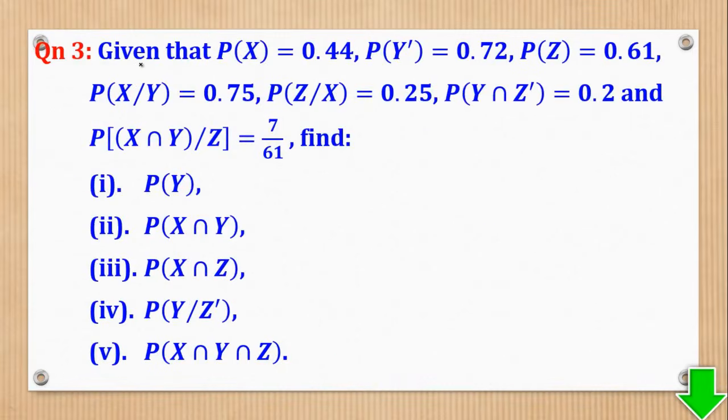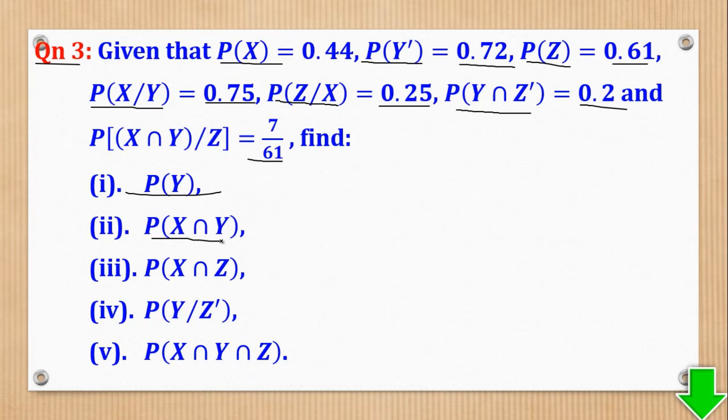Question 3 says, given that probability of X is 0.44, probability of Y complement is 0.72, probability of Z is 0.61, probability of X/Y is equal to 0.75, probability of Z/X is 0.25, probability of Y intersection Z complement is equal to 0.2, and probability of X intersection Y/Z is equal to 7/61.